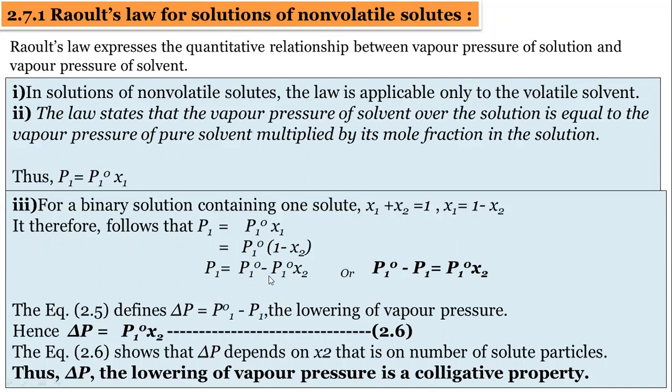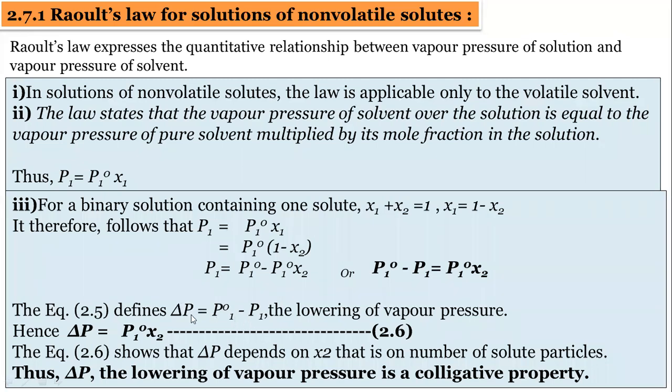We have taken P01 common. See, P01 minus P1 is equal to P01 into X2. This is an expression for this Raoult's law, but you know, delta P is equal to P01 minus P1.